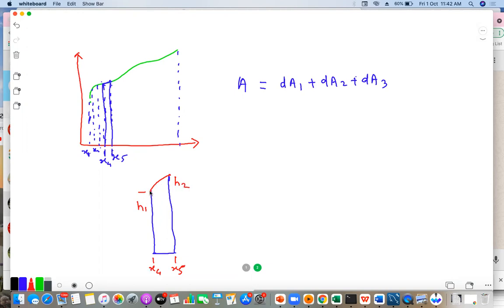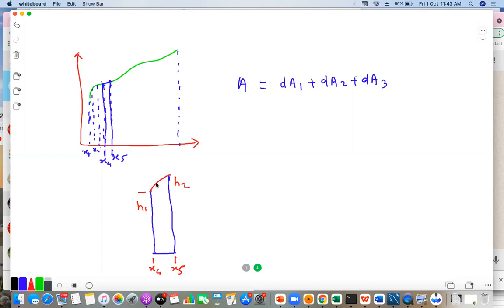Now I cannot use the area formula of a rectangle here, right? This is neither a trapezoid nor a rhombus, because I don't know what this function is, and it is not a simple function, or a straight line either.